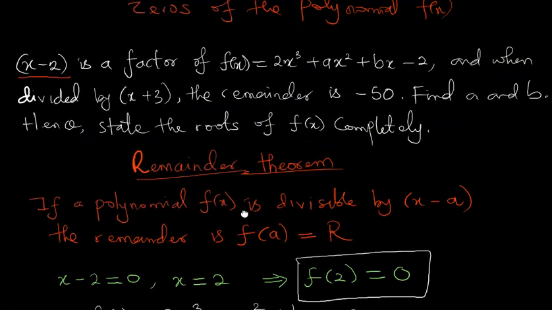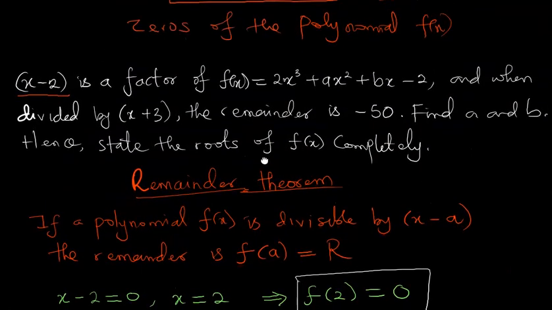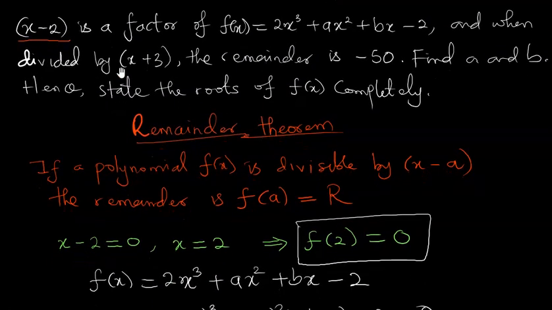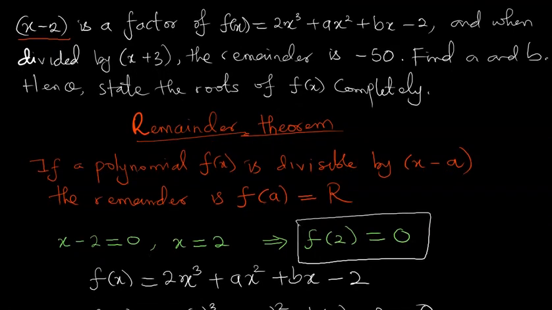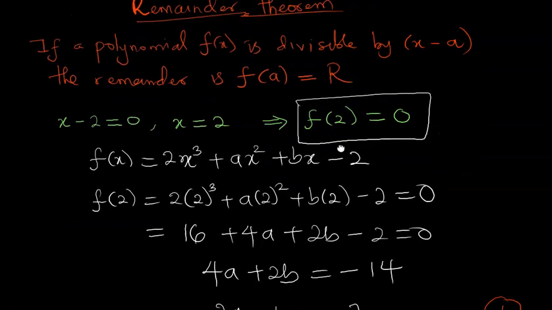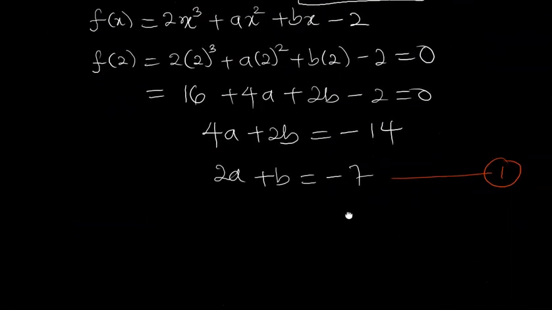Now let's look at the next statement. The next statement is talking about when this is divided by this, the remainder is minus 50. Using the same ideology, we're going to apply the remainder theorem for the second part.